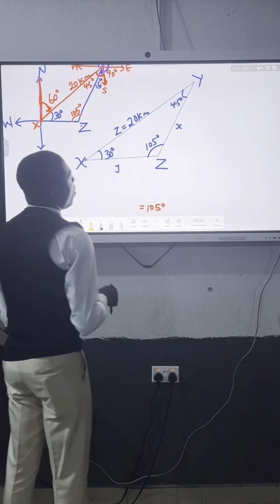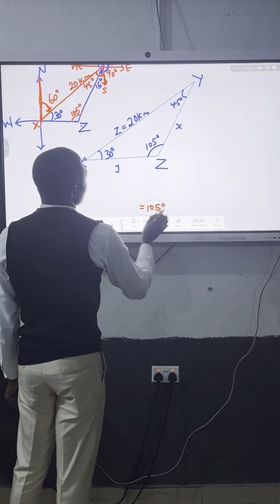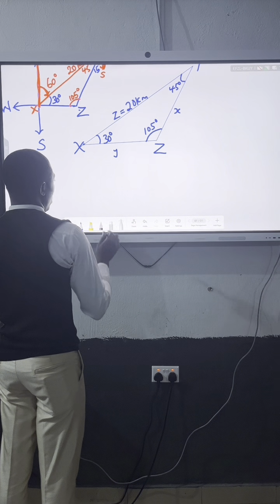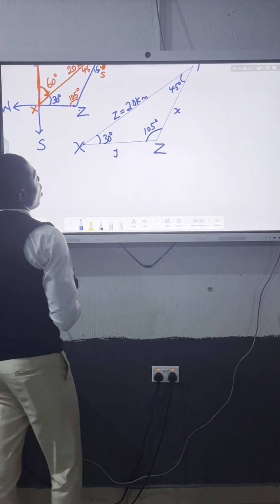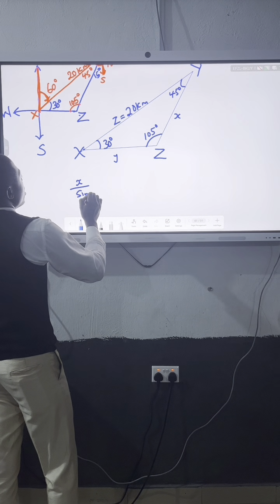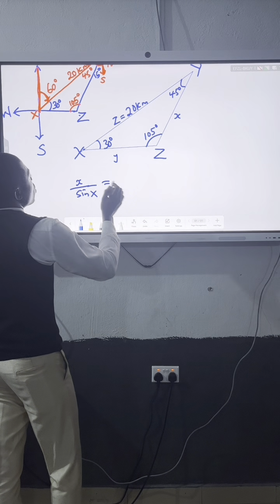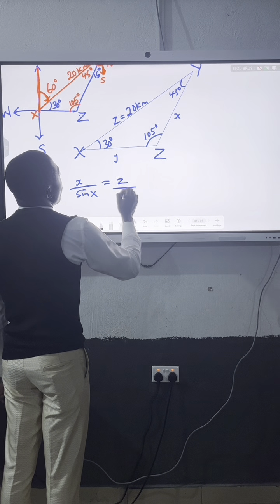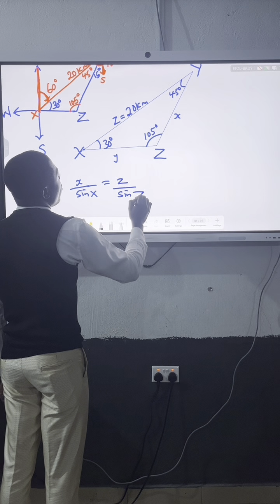So we are going to use sine rule to do the work. What is sine rule? You say x over sine x is equal to the side that is complete, which is z, so z over the sine of z.